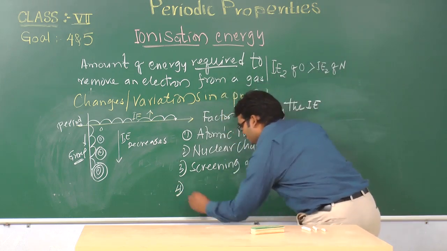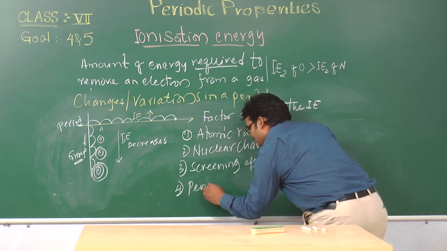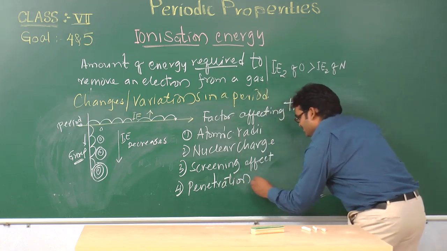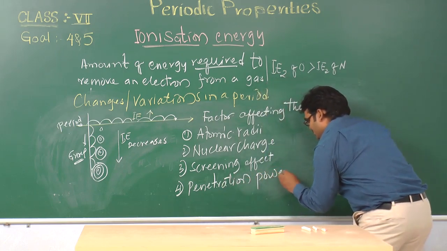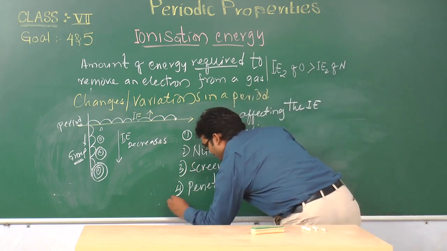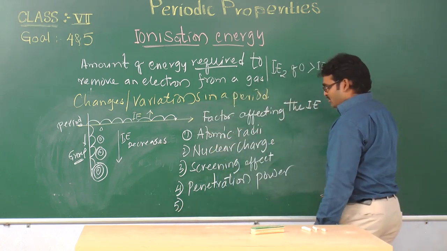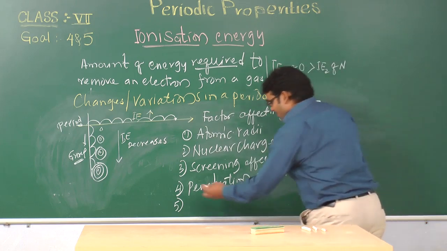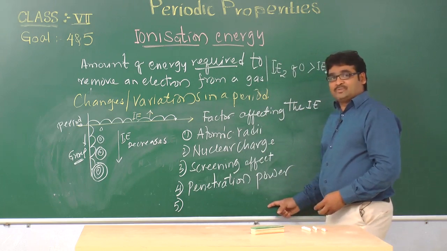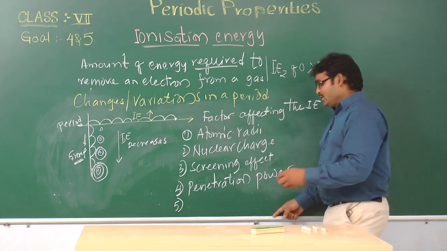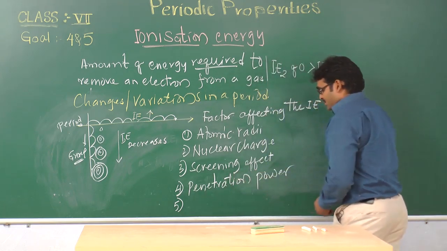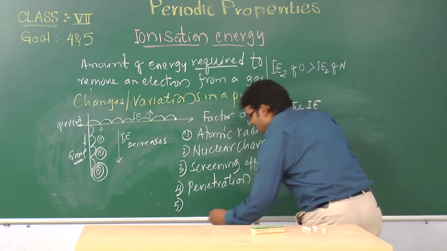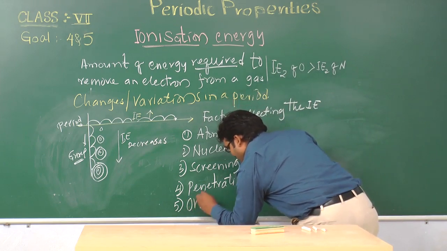Fourth, the penetration power. Fifth, the electronic configuration, or the orbital from which the electron is being removed.